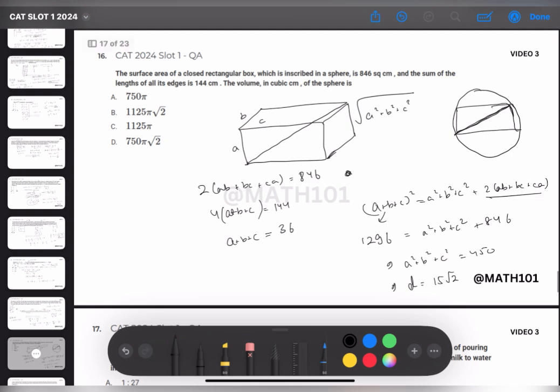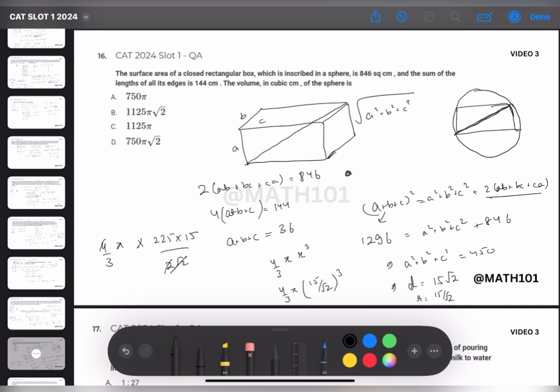So the volume of the sphere is 4/3 πr³. If the diameter is 15 root 2, then r is 15 by root 2, so we have 4/3 π (15 by root 2) cubed, which is 4/3 π into 225 into 15 upon 2 root 2.